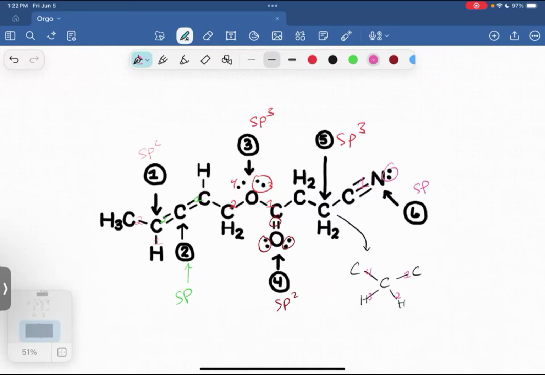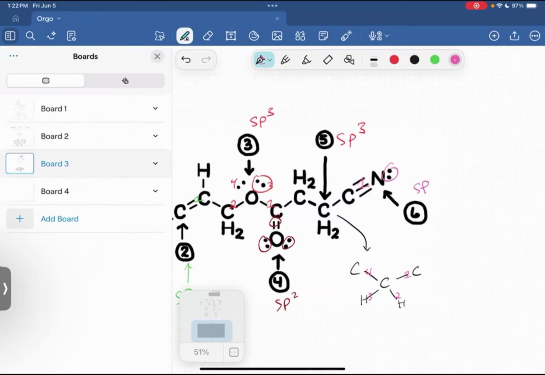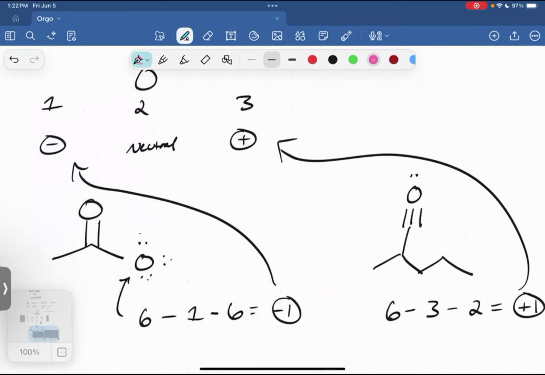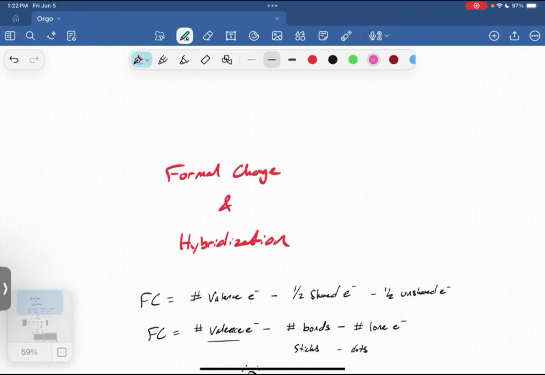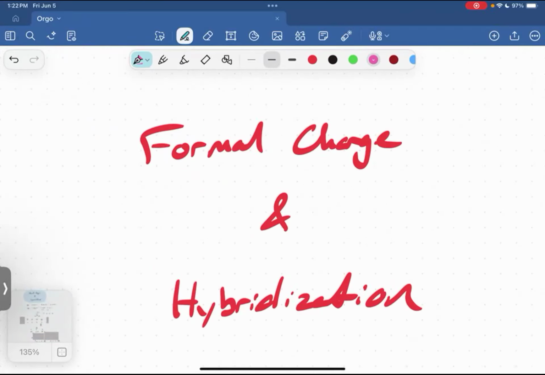There are other people that are super into the physics to explain the whys of hybridization and formal charge. But hopefully, this provides a brief, succinct, but to the point overview of formal charge and hybridization needed in order to solve some of your fundamental problems in Orgo.